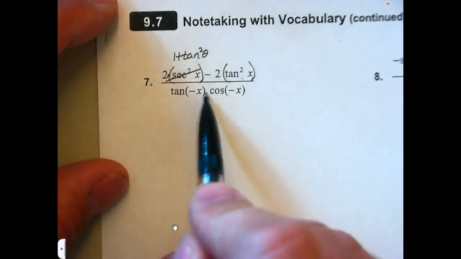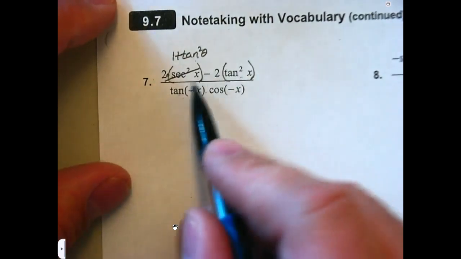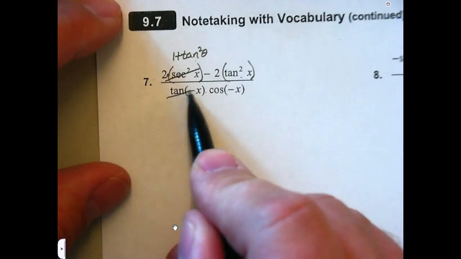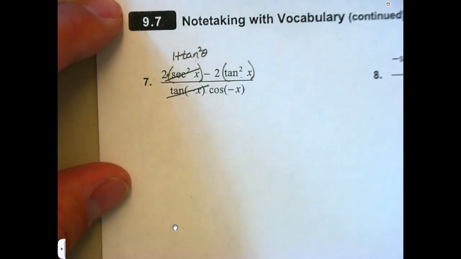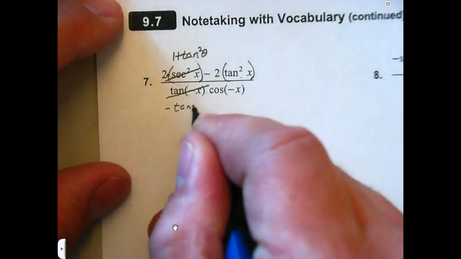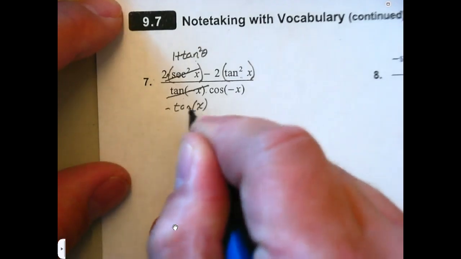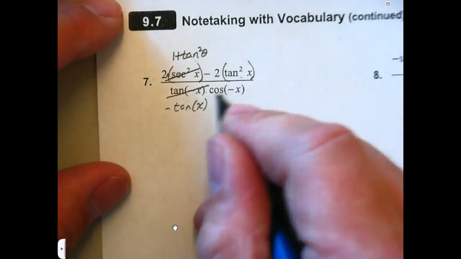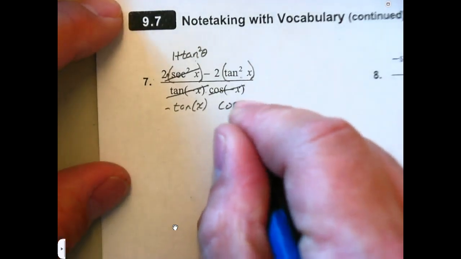What is tan negative x? Look at your negative angles. That is negative tan x. What is cosine negative x? Cos x.